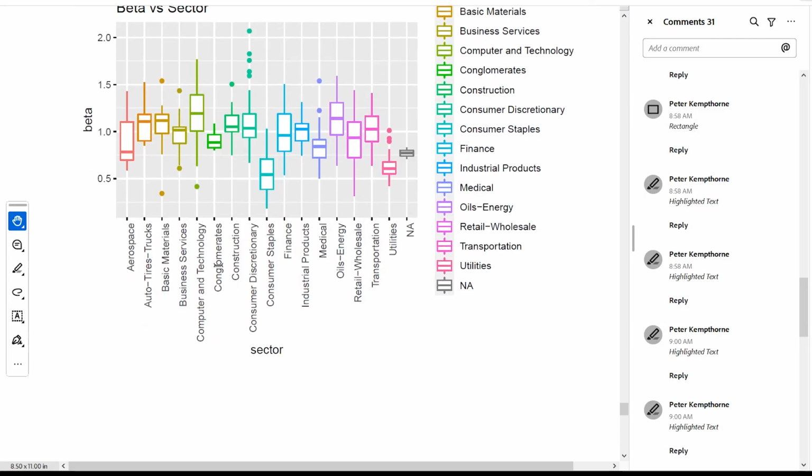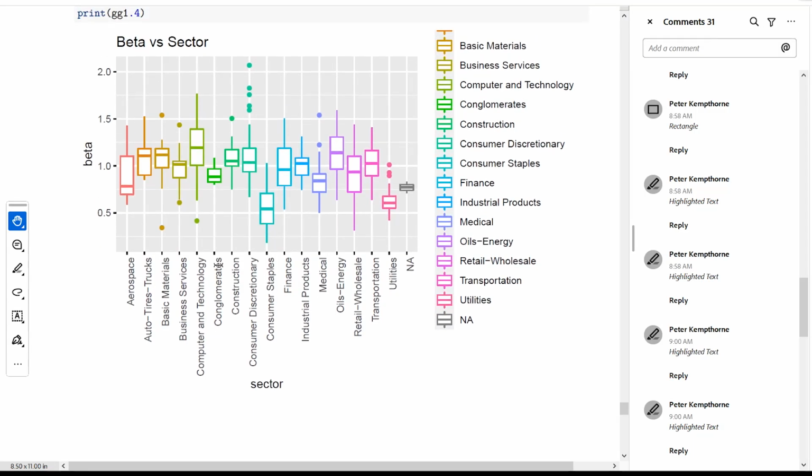Perhaps interestingly, here's the beta coefficient by sector. And here one can see that certain sectors, like consumer staples, have much lower beta values. And other sectors like computer and technology have very high betas. So in terms of identifying those sectors that will have low market risk or high market risk, these properties play out quite well.